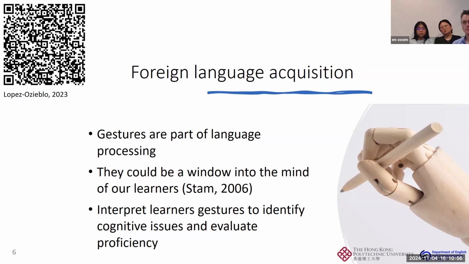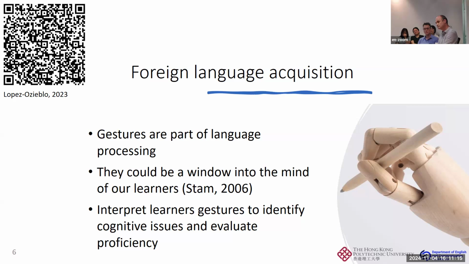Now, this idea of the link between gesture and thought is amazing for foreign language acquisition people like myself, because it means that as we observe our learners' gestures, we might get an inkling of what they're thinking.